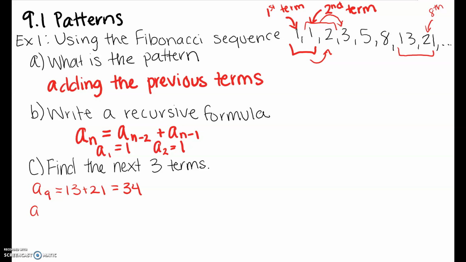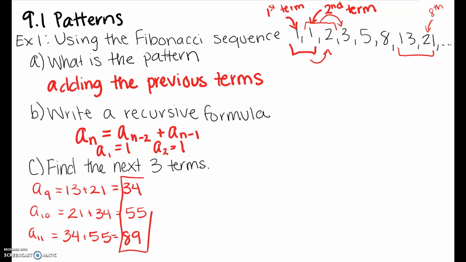Then to find the next term, we're going to take the 21 and add it to the 34. And that gives us 55. And then the next one, again, we take the 34 and the 55. And we get 89. So these are our next 3 terms right here.